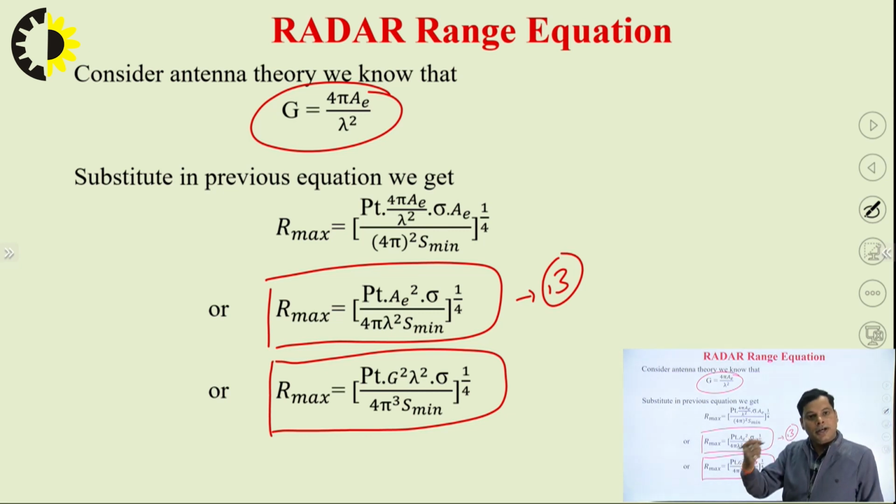So the receiver antenna and the transmitting antenna have the same parameters, such as gain, directivity and effective area.